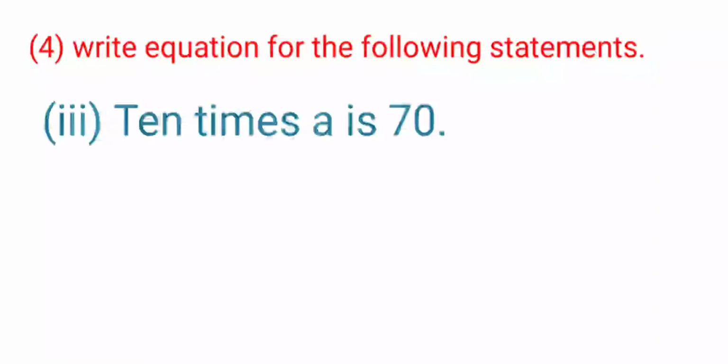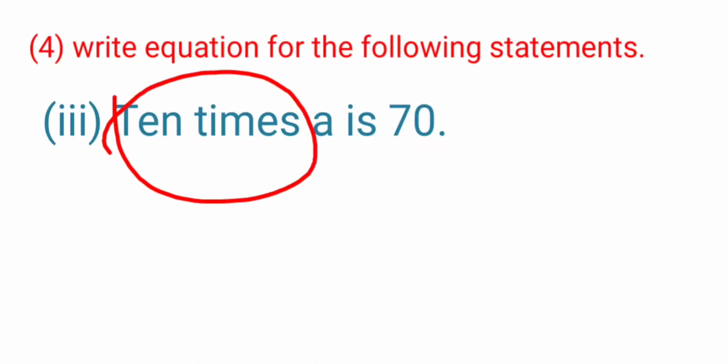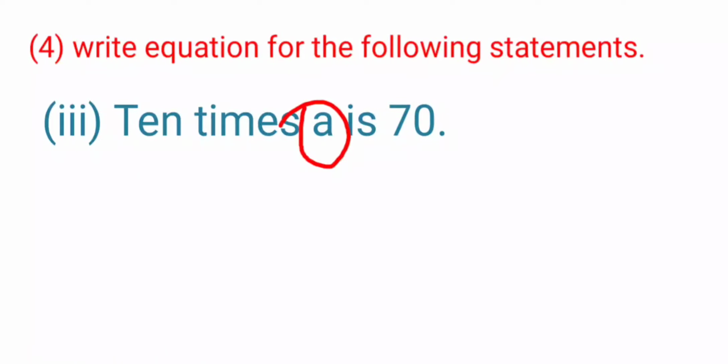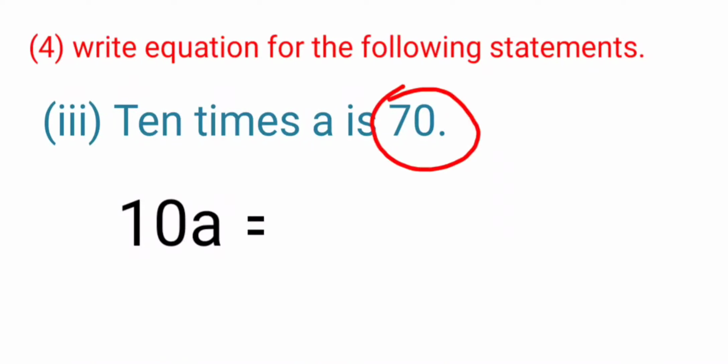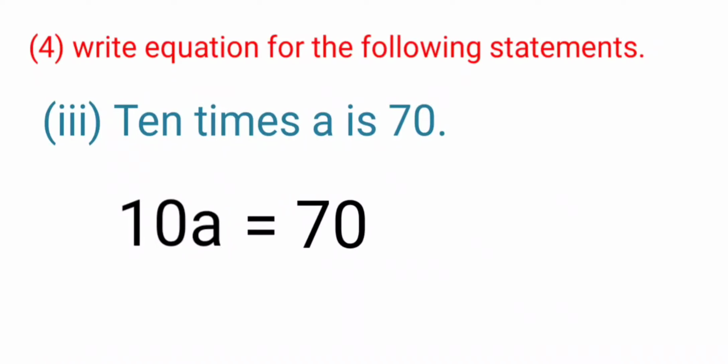Next is 10 times a is 70. 10 times a means 10 into a, 10a. "Is" means the equal sign, so 10a is equal to 70.